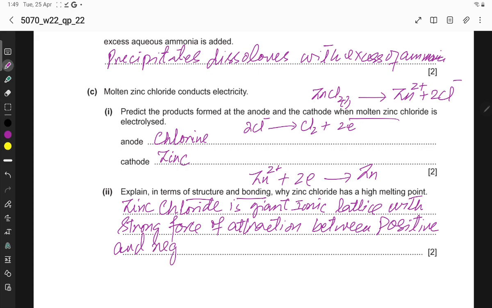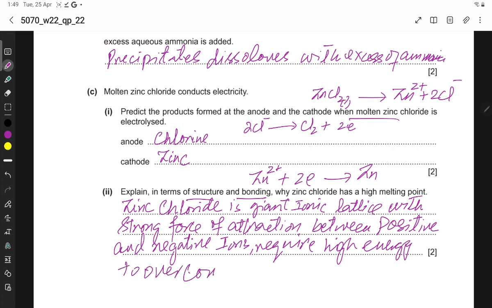If you don't write electrostatic force of attraction, you just write strong force of attraction between positive and negative ions. It requires high energy to overcome or break.